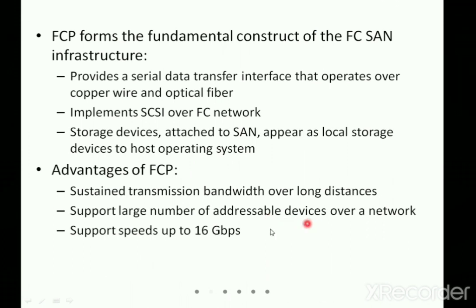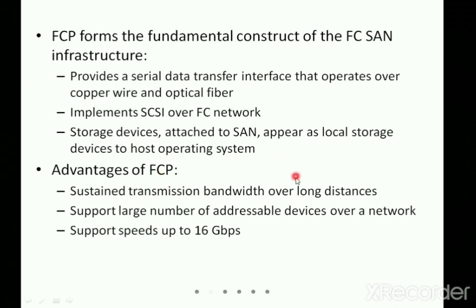When I say addressable devices, that means I can connect to more devices and transfer the data, so the scalability is improving. I can increase or decrease the number of devices. The next one is that the speed of the data transfer is up to 16 gigabits per second, so Fibre Channel supports this much data transfer. So these are all the advantages of the Fibre Channel protocol.